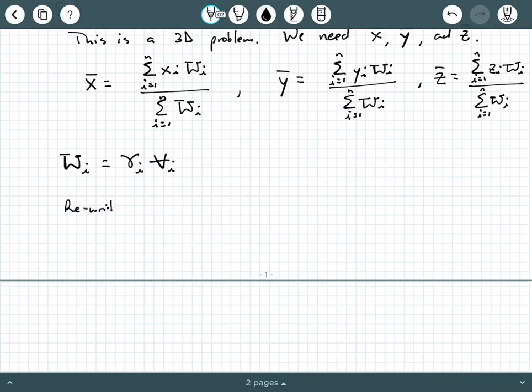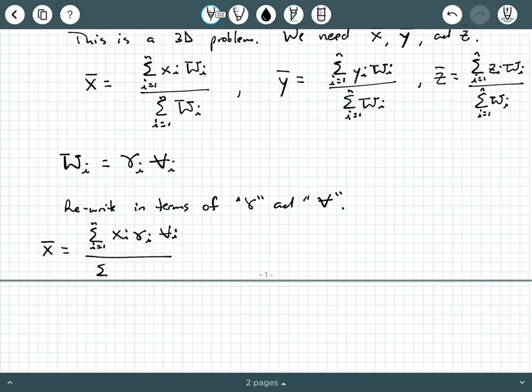So we can rewrite these in terms of gamma, which is unit weight, and volume. Rewriting, x bar equals the summation, i from 1 to n, of x sub i, gamma sub i, v sub i, divided by the summation, i from 1 to n, of gamma sub i, v sub i.